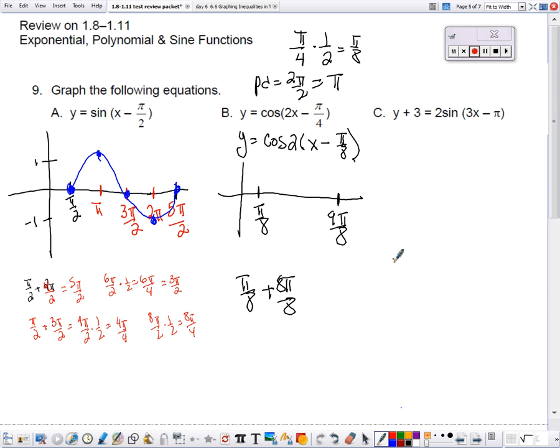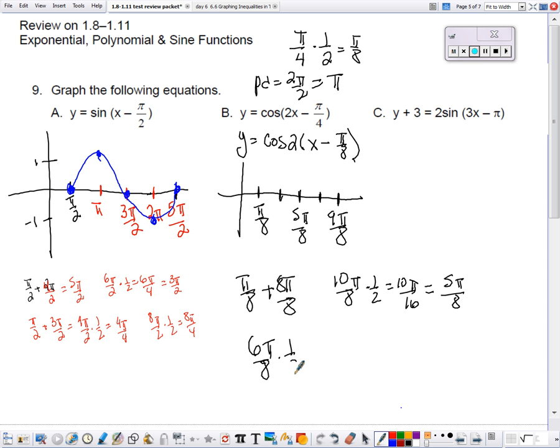So then to find the middle, I need 3 more points. The middle here, when I add them, it's 10 pi over 8 divided by 2, so that's 10 pi over 16. And that can be reduced by 2, so 5 pi over 8. Then here, when I add these, that's 6 pi over 8.